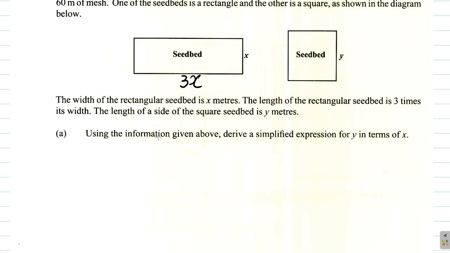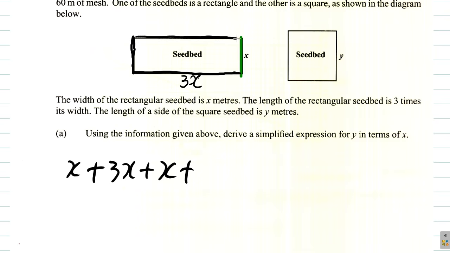Nice. Now, here, remember, the total length is 60 meters. Say we start here, go down, that is x meters, x plus, then run along this side, that's 3x, plus, run along this side, that's another x, plus, run along this side, that's another 3x.